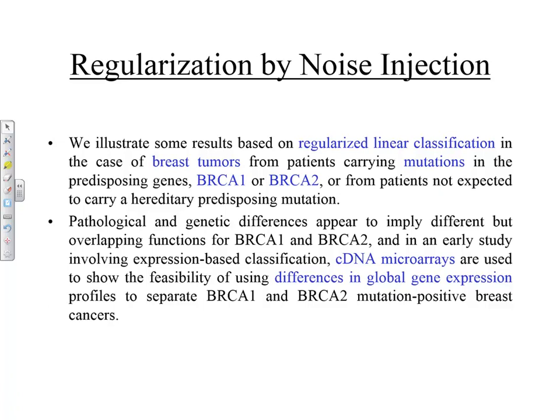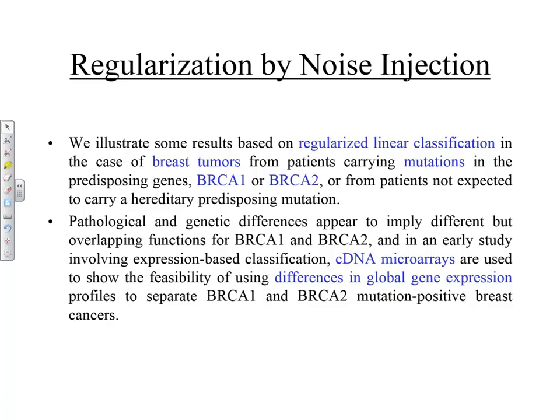There was a paper that appeared several years ago. These papers usually appear in journals like Science and Nature, because classification is not new, but they applied it to gene expression from cancer samples. In the case of breast cancer, there are two different classes. There is a particular gene that will predispose people to cancer.